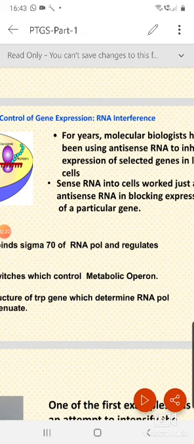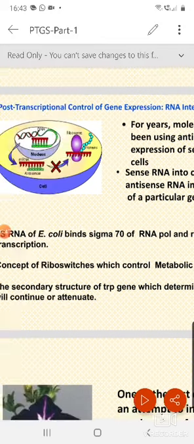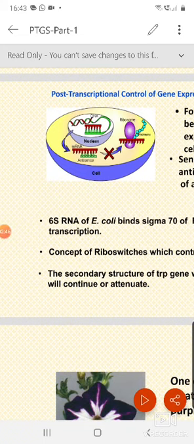So ultimately they found that double-stranded RNA works better than both antisense as well as sense RNA. This was the effect of double-stranded RNA, which actually causes the decrease of gene expression, or inhibits the gene expression.